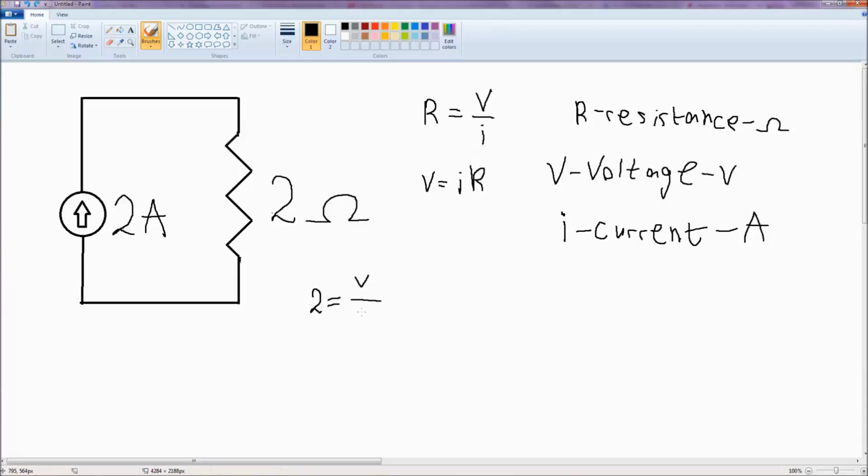We have 2 amperes, so we type in 2, and from here we conclude that if we multiply both sides by 2, we will get that 4 equals V. So we have a voltage of 4. So the voltage across this resistor is 4.